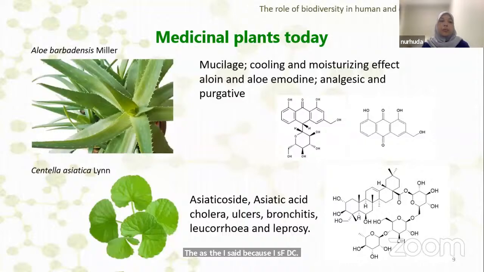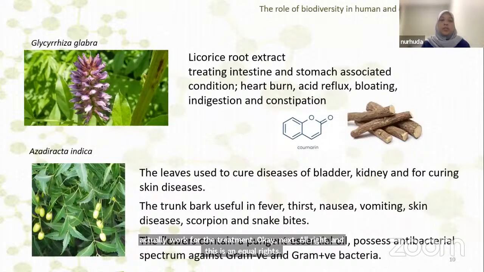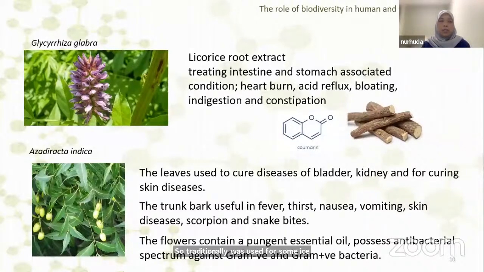Okay, but then asiaticoside and asiatic acid were isolated from this plant, but it's not proven that these compounds actually work for the treatment. Okay, next. All right, this is licorice. It contains coumarin, so traditionally it was used for stomach-associated conditions, and now people in Europe use licorice in their sweets.